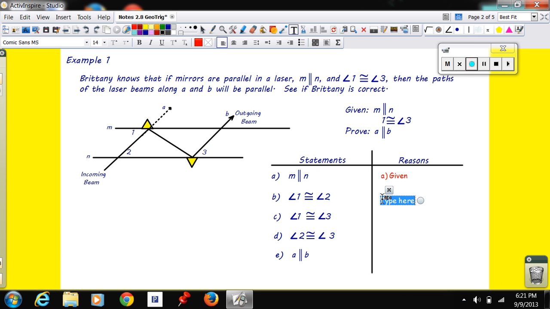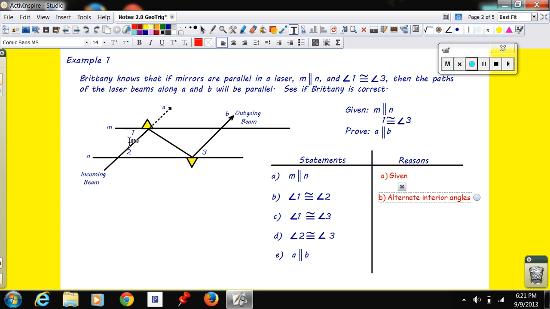Now angle 1 is congruent to angle 2 because they are alternate interior angles. The only reason I can say they're alternate interior angles is because they already proved to us that these two lines are parallel. I couldn't use that if the lines weren't parallel, but they already told me that M and N were parallel to each other.